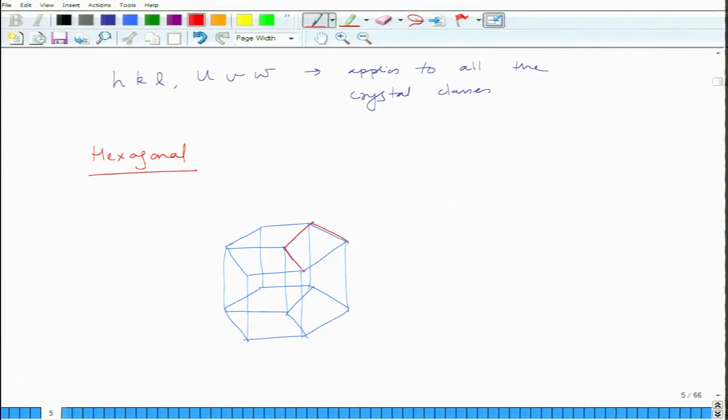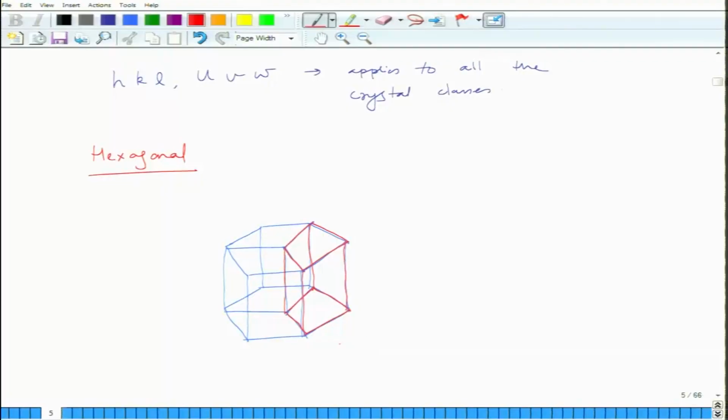It is not drawn very nicely, but I hope you can see what I mean here. So, this is the 1/3 of the hexagonal unit cell, which is a single unit cell. Now, this single unit cell can be represented very well by the 3 axis system by HKL and UVW.